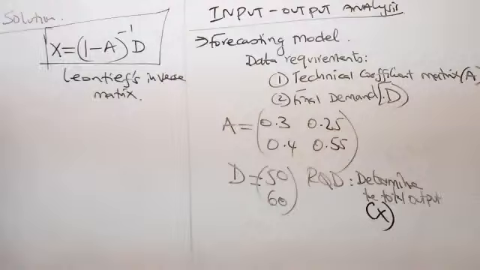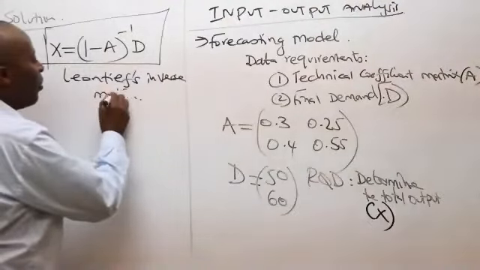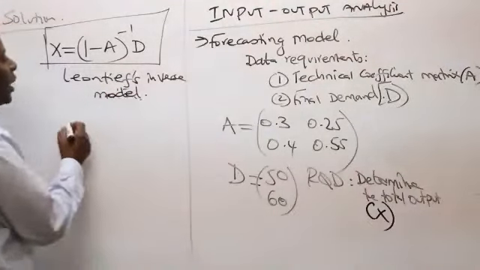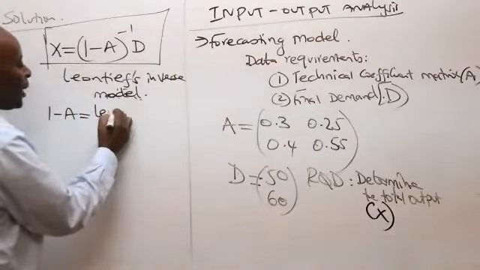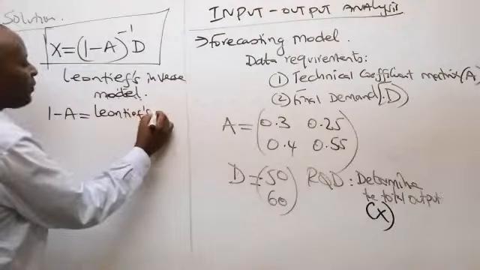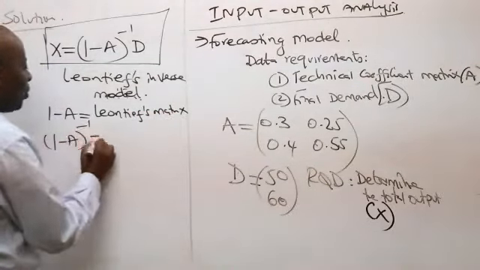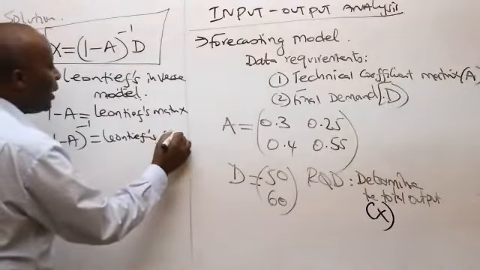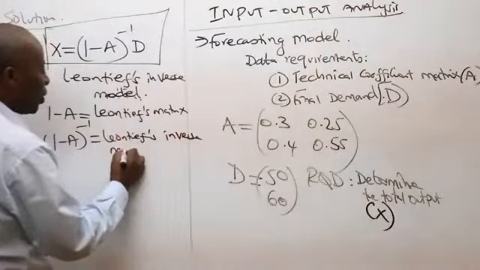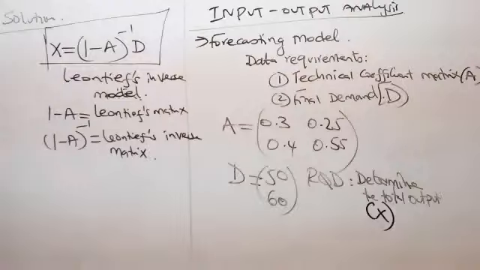It is this I minus A that we call the Leontief's matrix, and then we have I minus A inverse, which is the Leontief's inverse matrix.